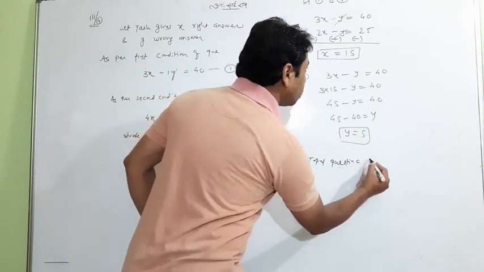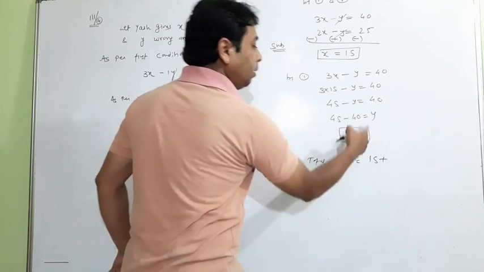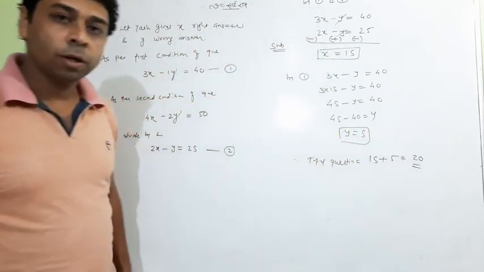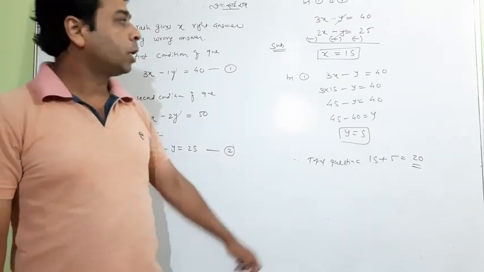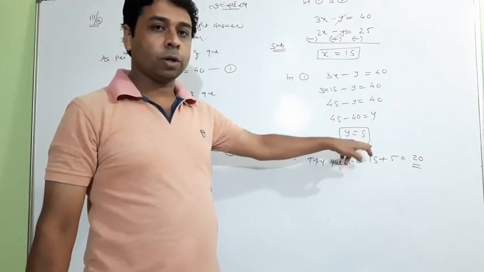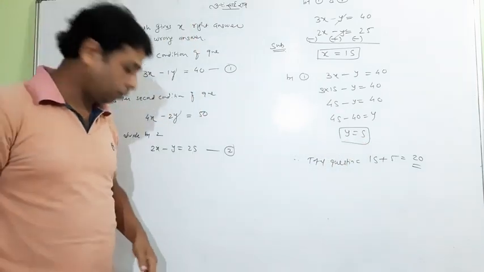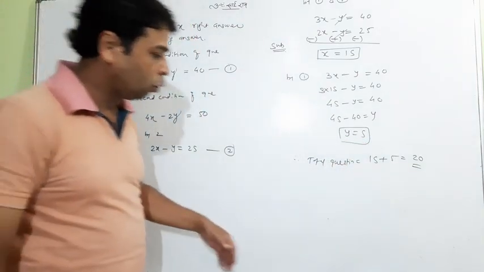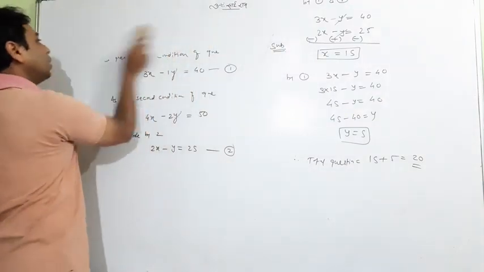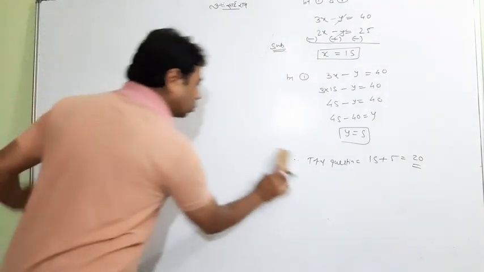Definitely total questions will be right answers plus wrong answers. Meaning in the test there were 20 questions, in which 15 he did right and 5 he did wrong. That was the question. So students, hope you got it. It's very easy terminology. Now I will move on to the next question.